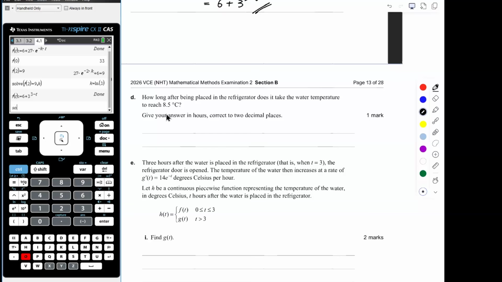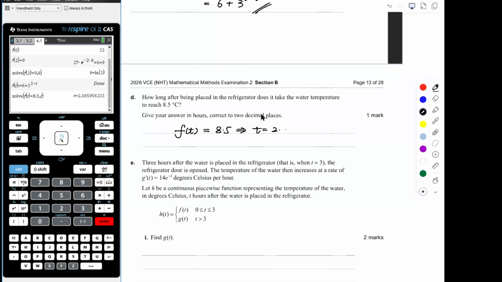So we can solve f of t equals 8.5 comma t, 2 decimal places. That means t is 2.16595, which is rounded to 2.17 hours, I suppose.